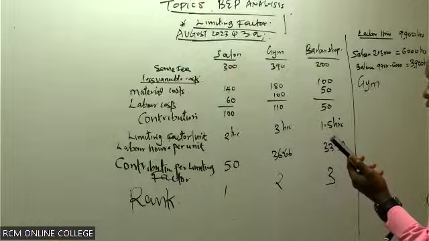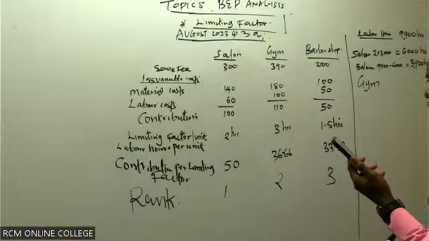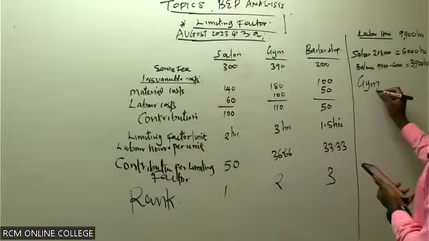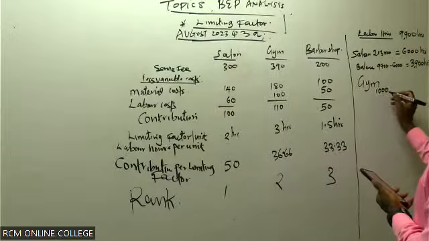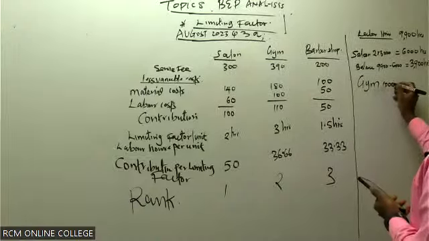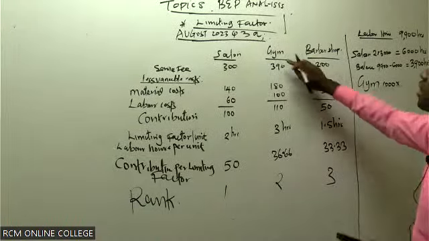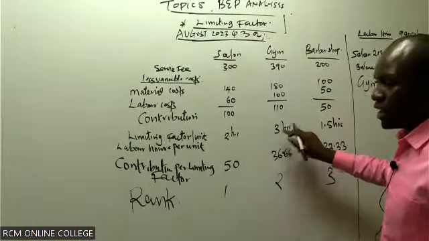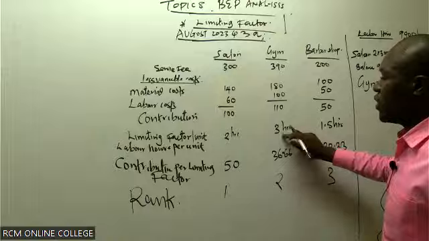We need to serve 1,000 clients. And in gym, one client requires 3 hours. For us to serve one client, we need 3 hours.